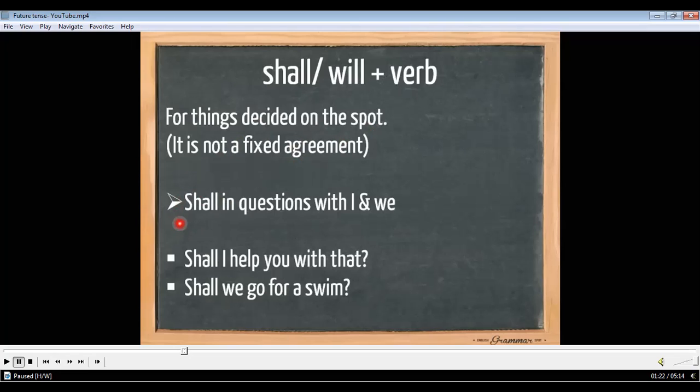We use shall only in questions with the subjects I and we, and we use will for the rest of the conditions, like negative sentences, affirmative sentences and questions. If we have the subject he, she or it in questions, we use will.